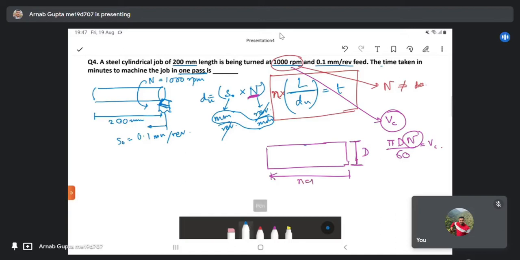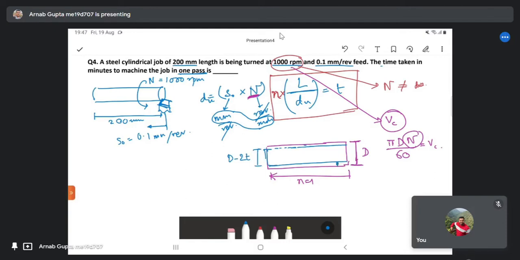For the second pass, the diameter of the workpiece has reduced. So now you are left with d minus 2t, where t is the depth of cut.